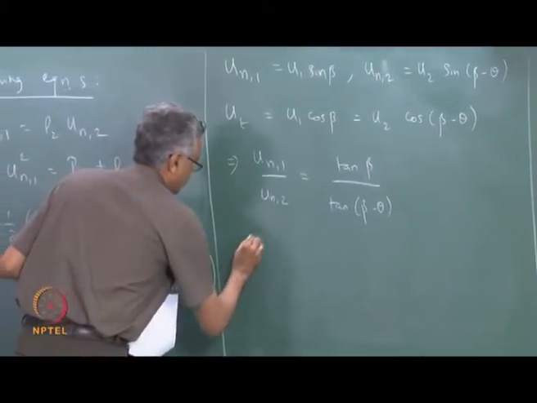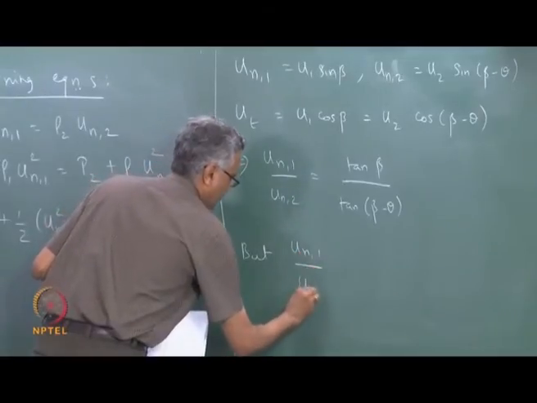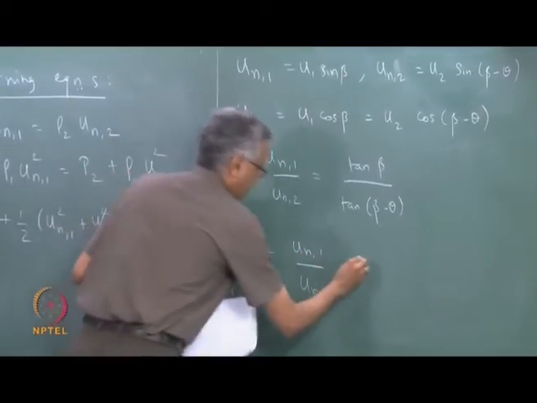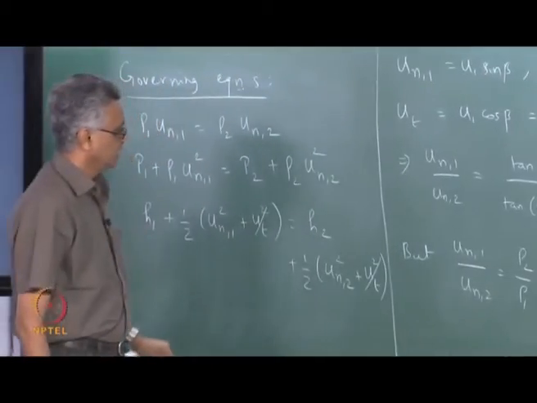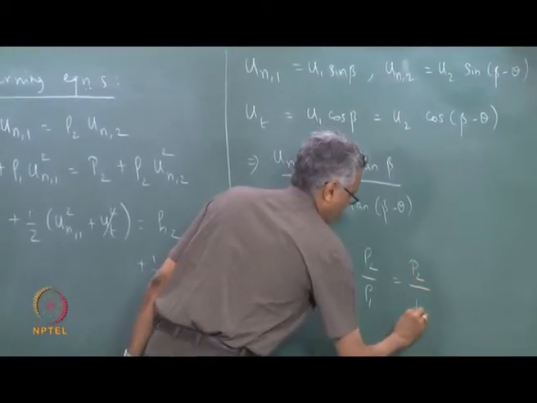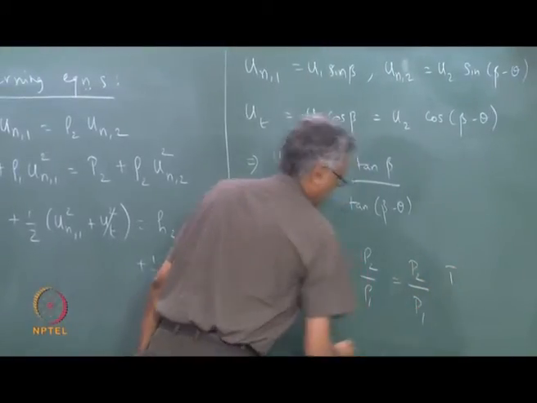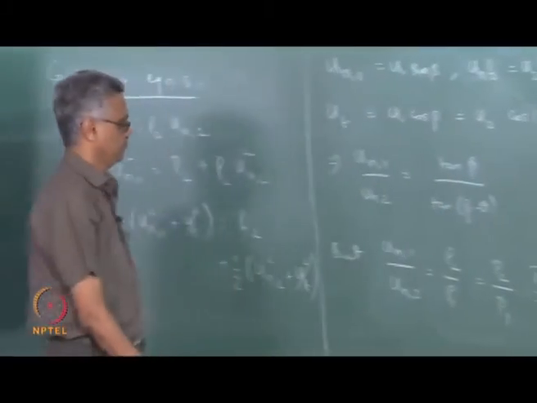So from the continuity equation, I can write the following. And if I use the equation of state, I can write this as P2 over P1 times T1 over T2.